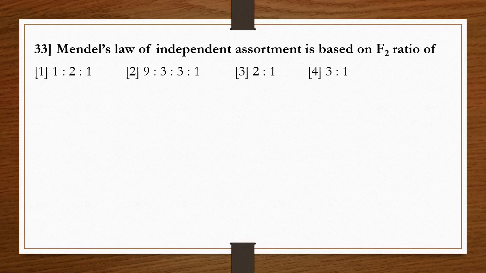Question number 33. Mendel's law of independent assortment is based on F2 ratio of: option 1, 1:2:1; 2, 9:3:3:1; 3, 2:1; 4, 3:1. So let's see what these ratios represent. 1:2:1 represents the genotypic ratio, Mendel's monohybrid genotypic ratio.